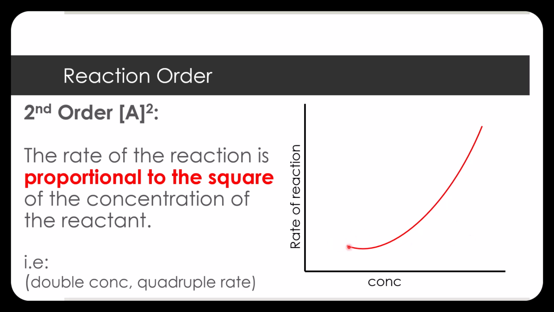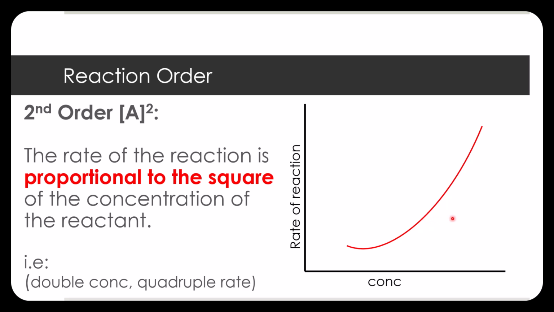This is my best attempt at drawing an exponential curve. As the concentration of A goes up, the rate exponentially goes up. It goes up a lot. There's a very, very significant dependence here.